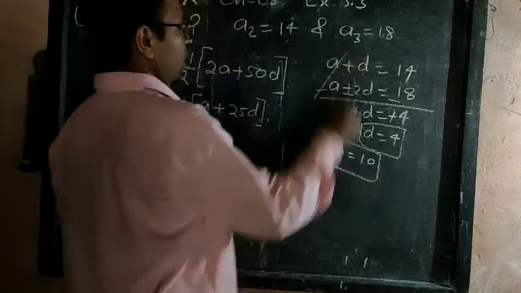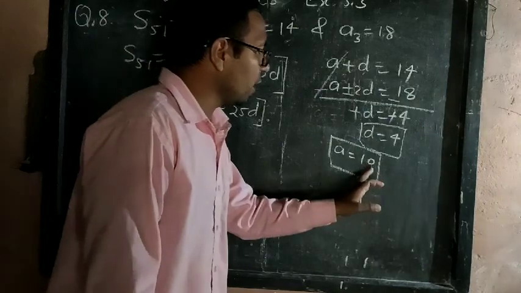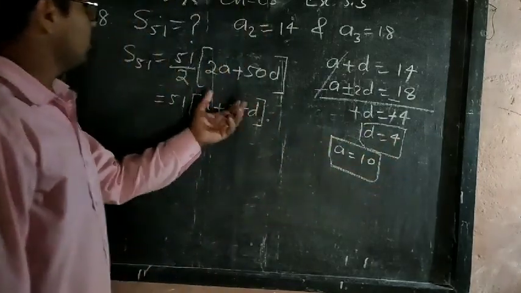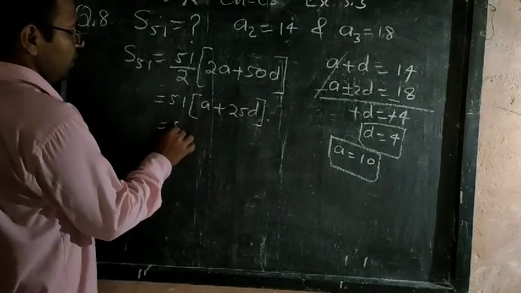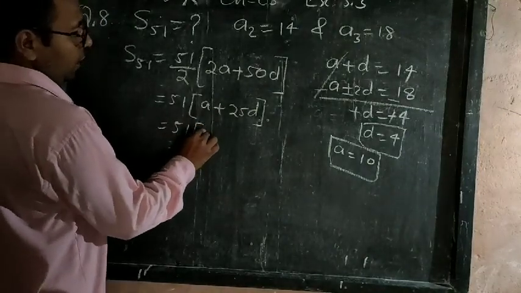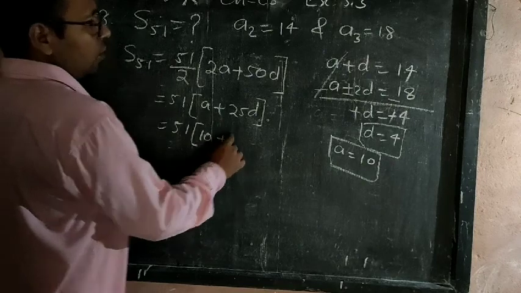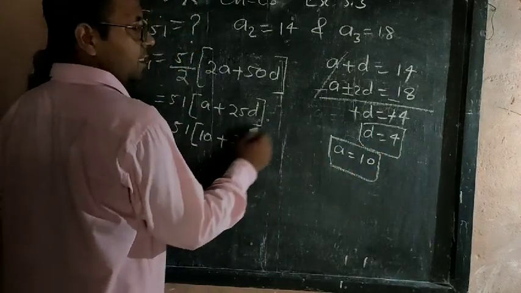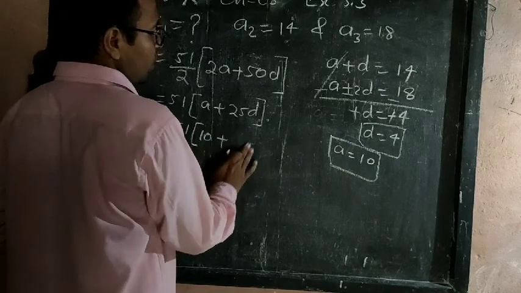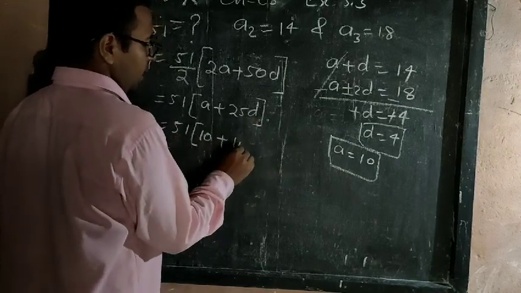Now students, a is equal to 10, d is equal to 4, we will substitute in this equation. So how much will you get here? 51 into (10 plus 25 into 4). 25 into 4, we can do directly here, we will get 100.